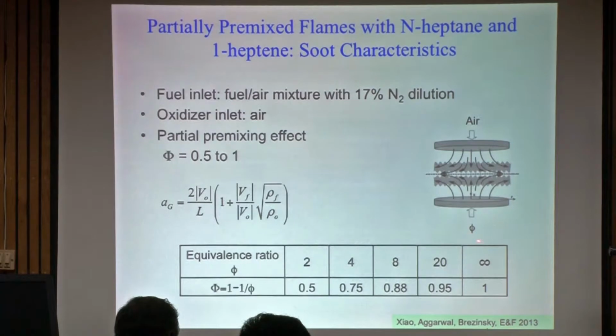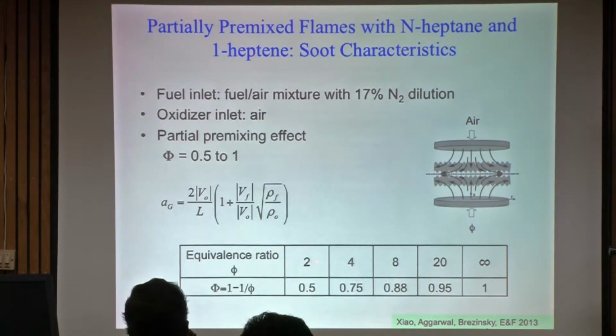You control the phi value in the fuel jet, and this is air, and then you get two flames. So you can control the equivalence ratio. To show the results, this is the equivalence ratio. These are the cases the student did. This will be the diffusion flame, and these are the partially premixed flames.